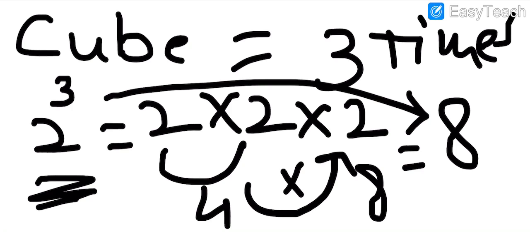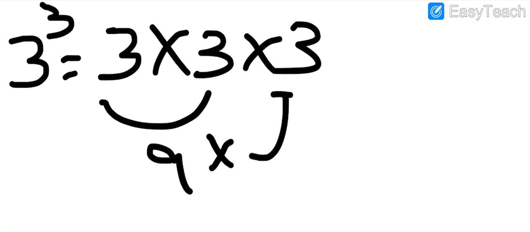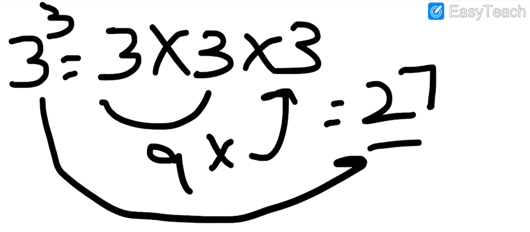If I write 3 cube, then 3 3s are 9, 9 3s are 27. So cube of 3 is 27. The way you need to remember squares of numbers, similarly you need to memorize the cubes of numbers too. It's going to make it easier for you. So this was about cubes and squares.